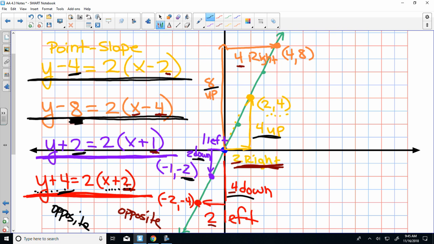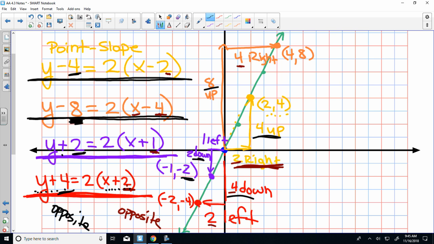Wait a minute. If it is right, you put minus. And if it is left, you put plus. And same with up and down. If it is up, you put a minus sign, and if it is down, you put a plus sign, however far that you moved. Okay? That would be considered to be a line in motion.